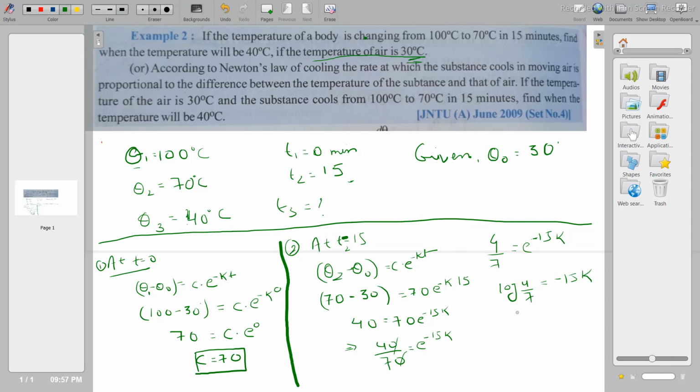After calculation, you will get the value of log 4 by 7 as minus 0.24.